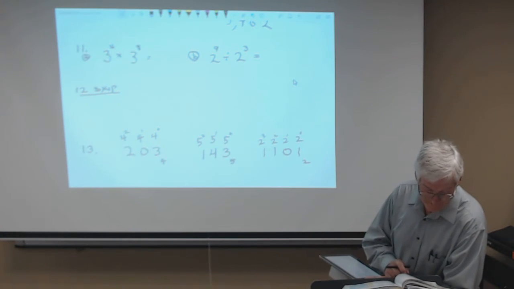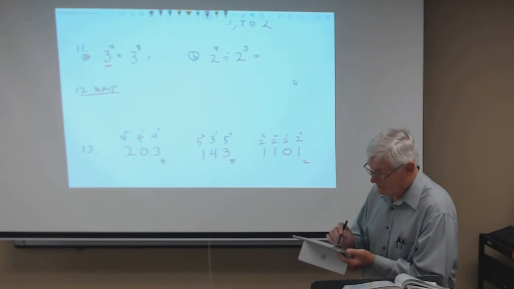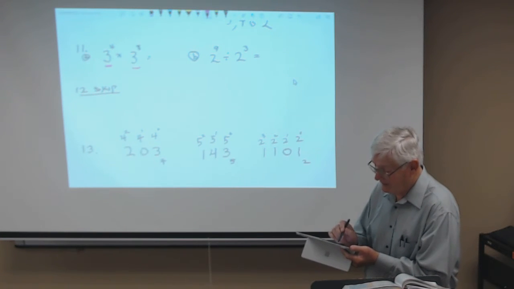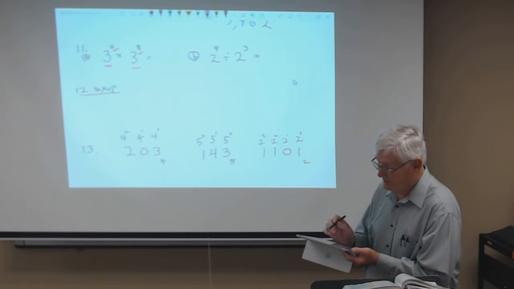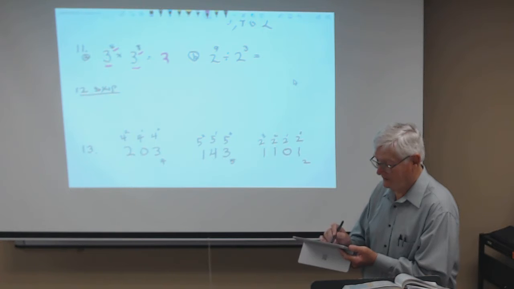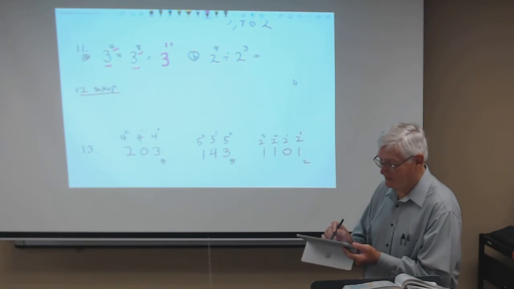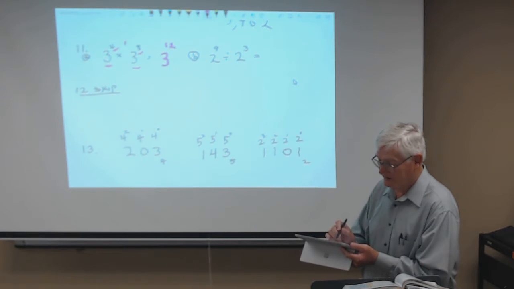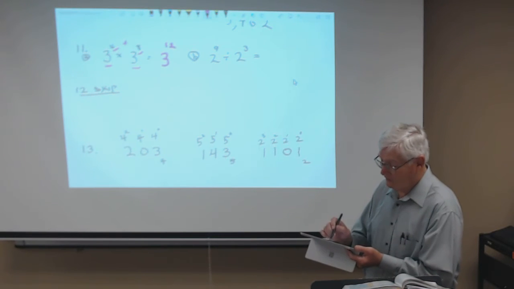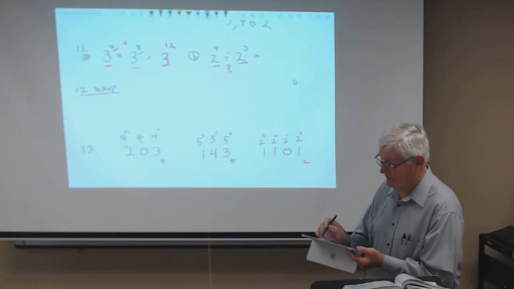So go to 11. What's 3 to the 4th times 3 to the 8th? What would that be? It's going to be 3 to the what? 12. And how did you get that answer? You add those exponents. What's 2 to the 9th divided by 2 to the 3rd?